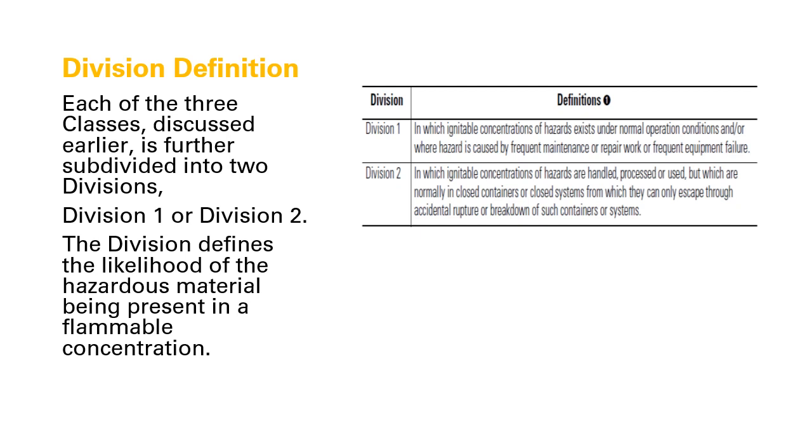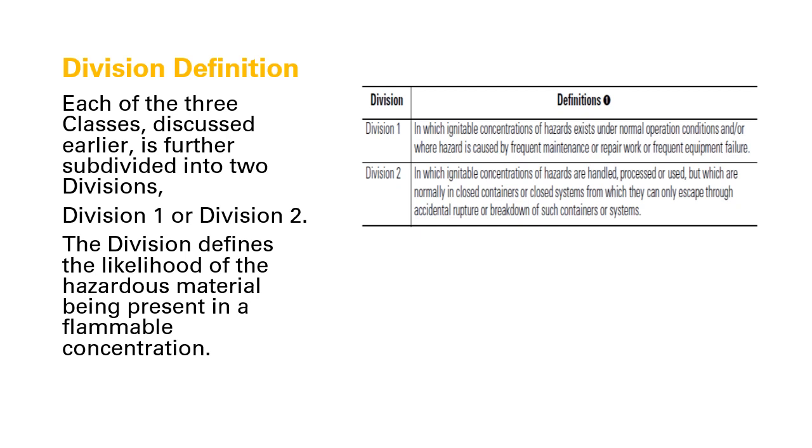And Division 2 is where the ignitable concentrations of hazards are handled, processed or used, but are normally in closed containers or closed systems from which they can only escape through accidental rupture or breakdown of such containers or systems.